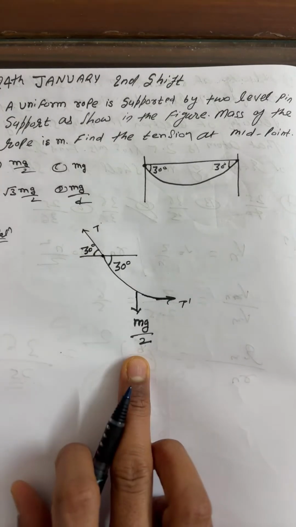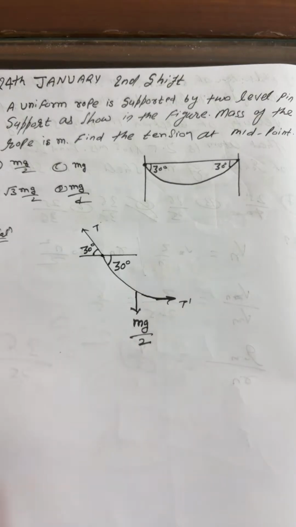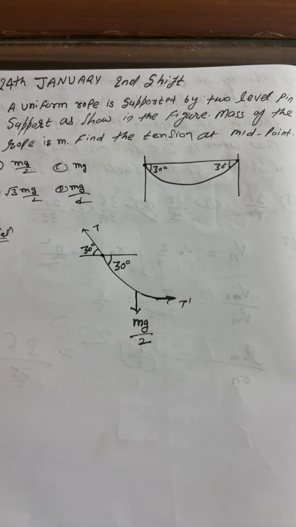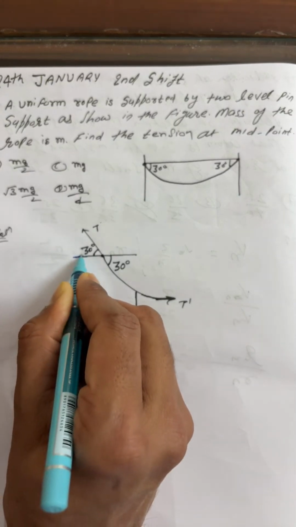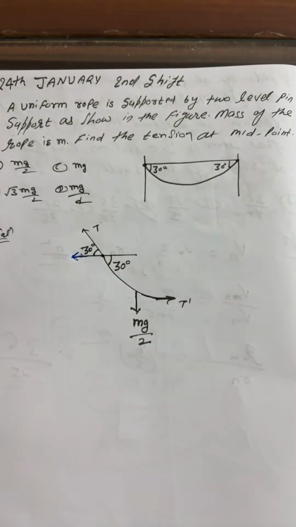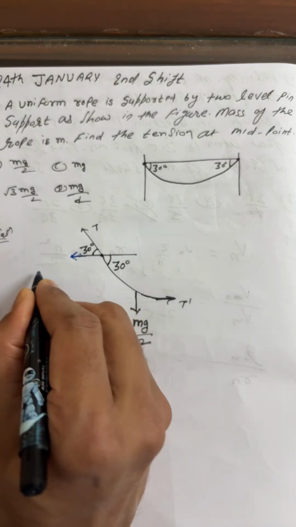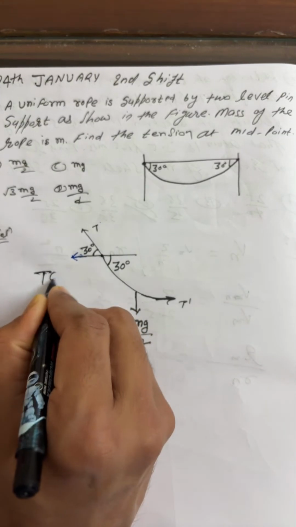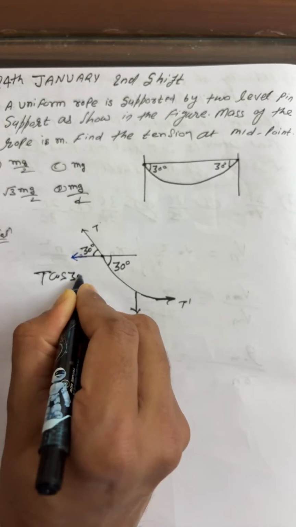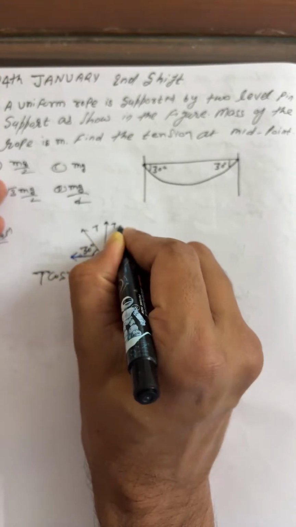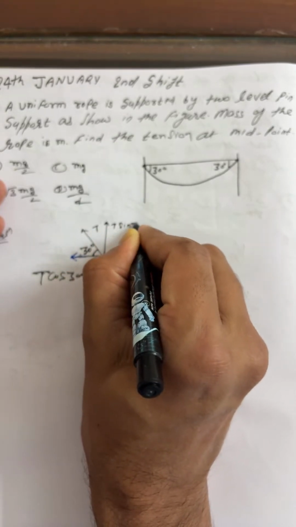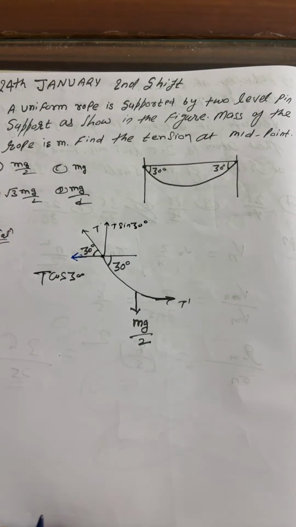Now I can take the components of tension: T cos 30 degrees and T sine 30 degrees.